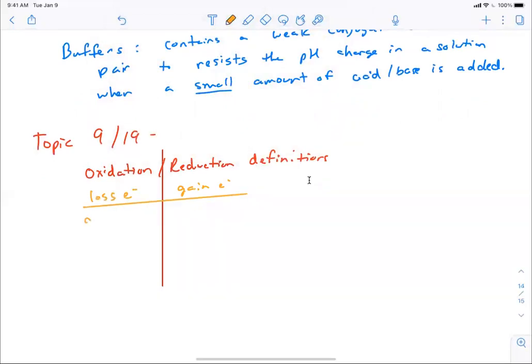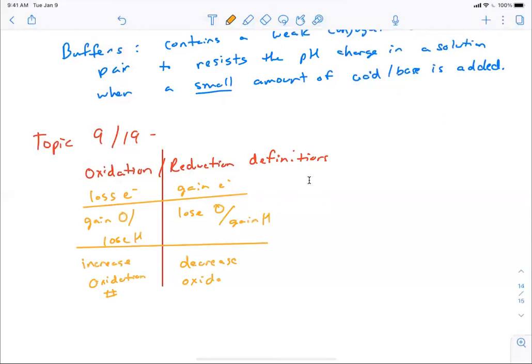The second one is gain oxygen or lose oxygen, which is usually related to, sorry, not gain, lose hydrogens and gain hydrogens. And the last one is increase oxidation number and decrease oxidation number.